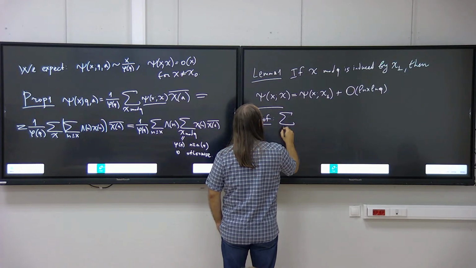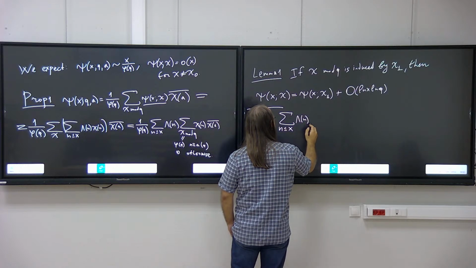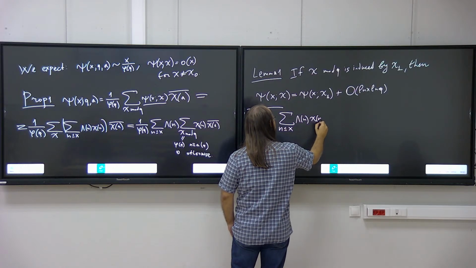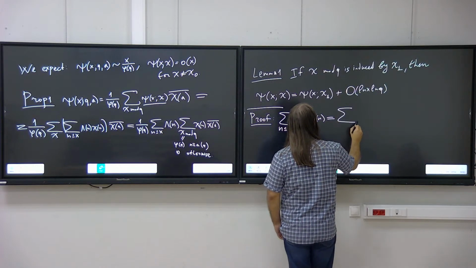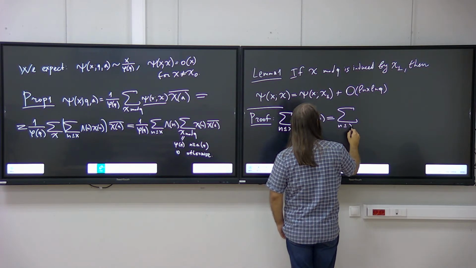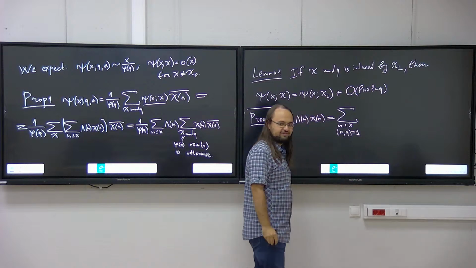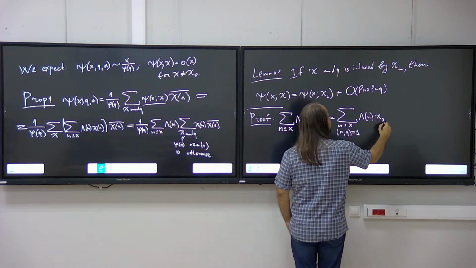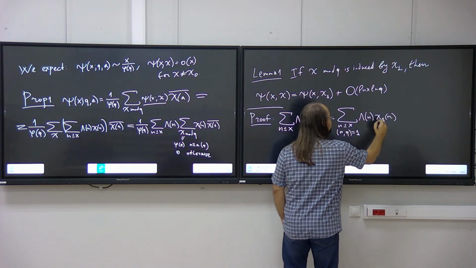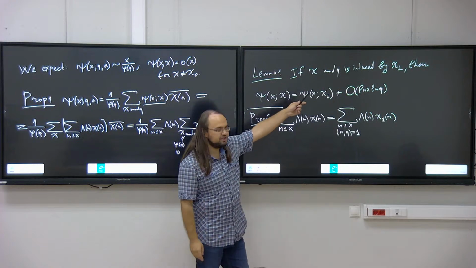Sum over all n less than or equal to x, lambda of n chi of n is equal to the sum over all n less than or equal to x, such that n and q are coprime, lambda of n, chi 1 of n, right? By definition of induced.